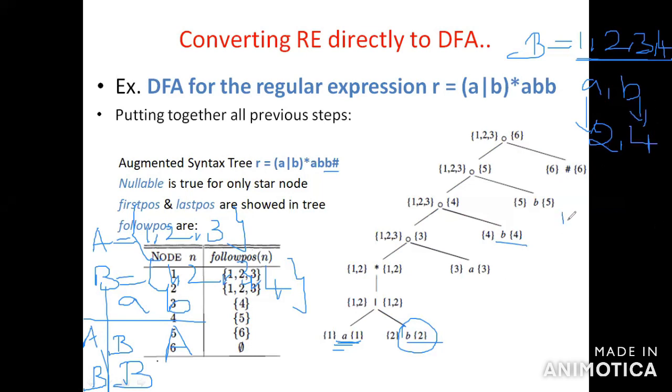The follow position of 2 is {1, 2, 3}. The follow position of 4 is 5. So the union is {1, 2, 3, 5}. So here you can mark it as a new state. Already A and B are marked, so another new state you can mark as C. So B on b is C. So C is nothing but {1, 2, 3, 5}. Sorry, {1, 2, 3, 5}.